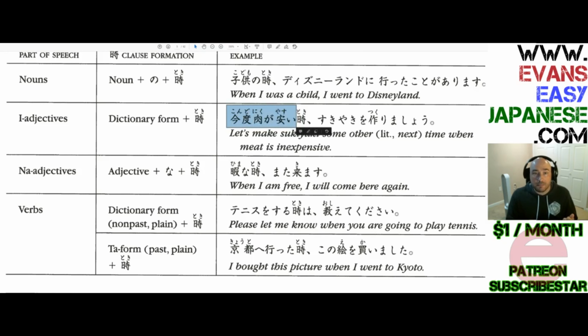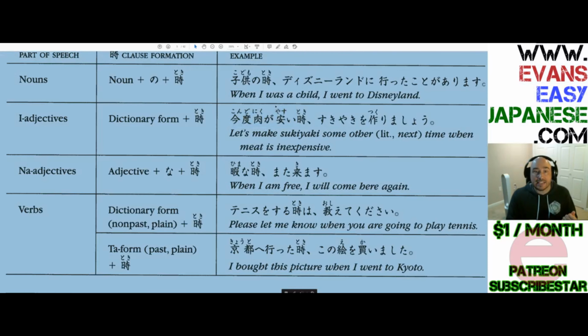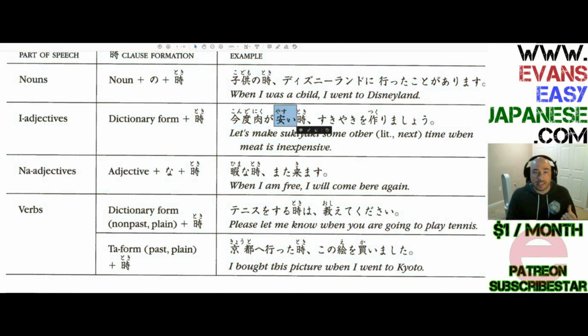Next time that meat is cheap. So notice how the is cheap is in the word yasui. Kondo, another time, niku ga, the meat, yasui, is cheap, toki. So we're going to translate this as the time when meat is cheap again. So aka, when the meat is cheap again.